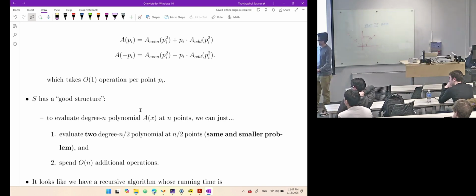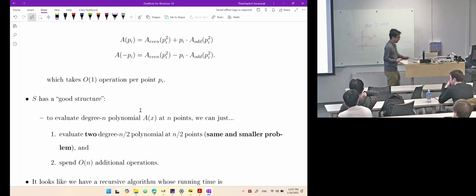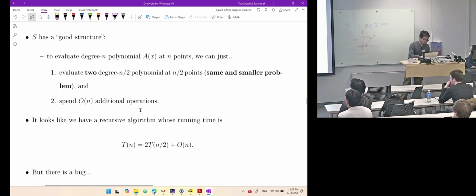That seems great, and the additional time you need to spend is just order of n. So superficially, the recursion looks like this, which we all know goes to n log n.